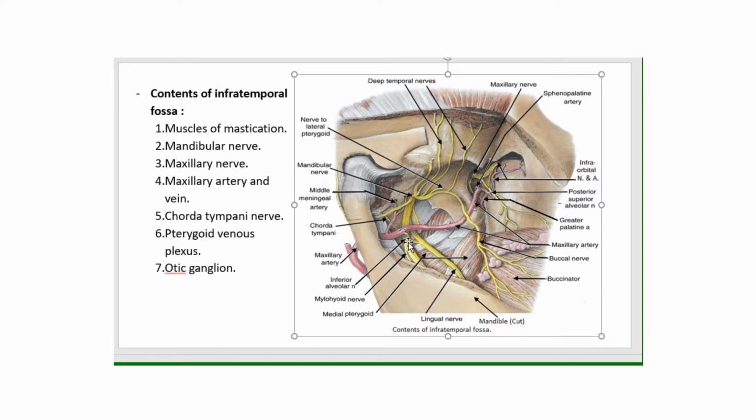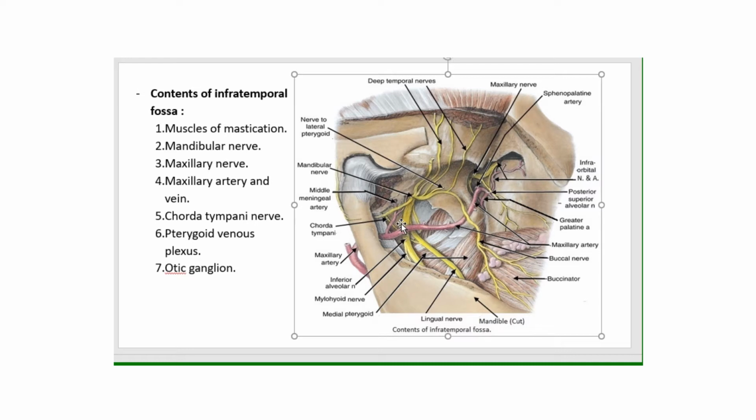So the infratemporal fossa contains the muscles of mastication, which are four muscles, the mandibular nerve, the maxillary artery and its vein, the pterygoid venous plexus, which we will see later on, and the otic ganglion suspended from the mandibular nerve.